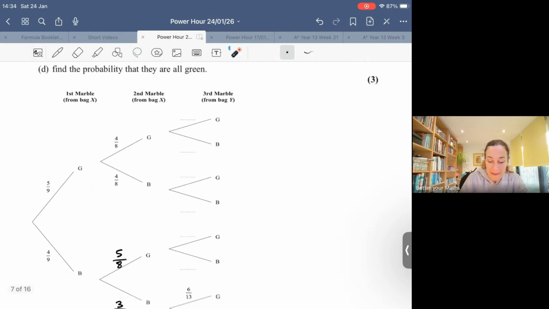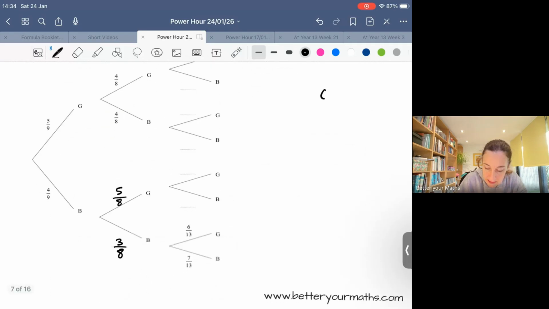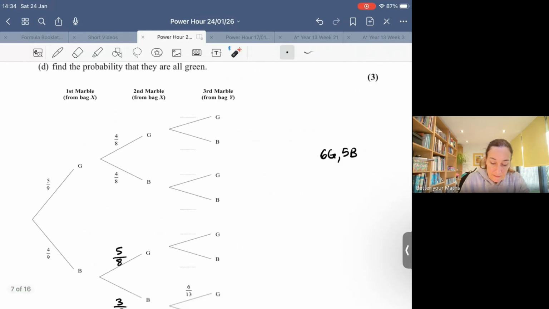Now I'm getting 1 from Y. So look what we have in Y at the beginning. So we have 6 green, 5 blue. I'm going to write it here. 6 green, 5 blue. So now, if the first one I got from X goes here and was green, yeah? So I have 1 more green. And then the second one was green again. I have 2 more green, really.